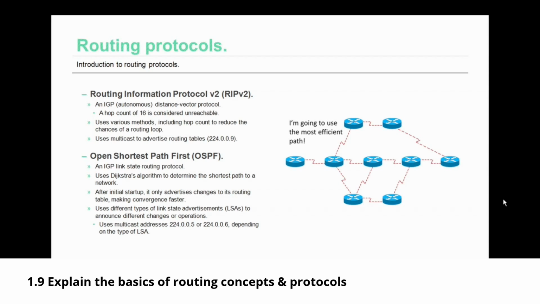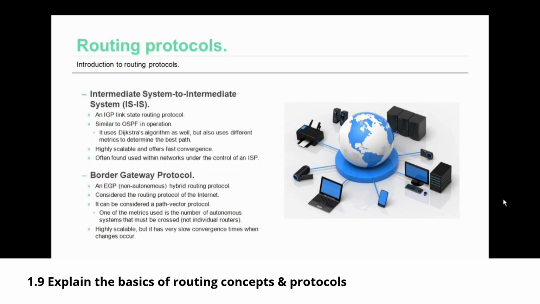It uses different types of link state advertisements, or LSAs, to announce different changes or different operations. OSPF uses two multicast addresses, 224.0.0.5 or 224.0.0.6, depending upon the type of LSA that it's transmitting.